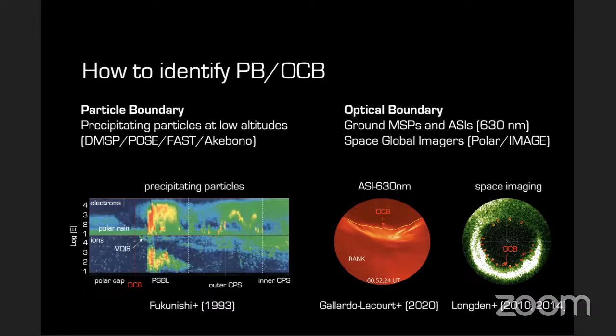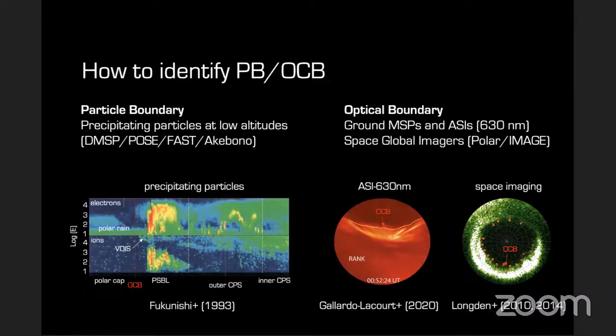Another way is using space-based or ground-based optical observation, giving a reliable proxy of the boundary. Usually we use the poleward boundary of red line emission from a ground-based all-sky imager and the poleward boundary of FUV emission from a space-based global imager.